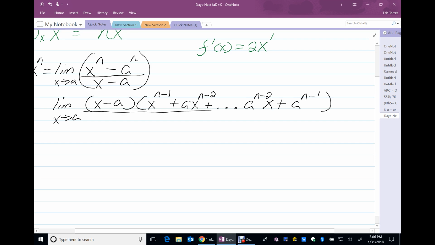That is my numerator factored out all over my denominator, x minus a.